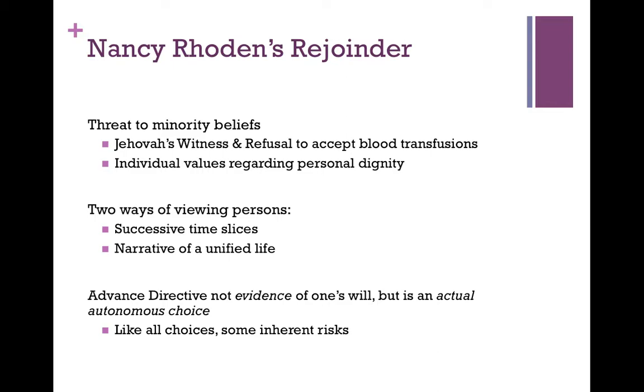So be very, very careful when you leave an advance directive to minimize the risk that you take on yourself. Try to be as careful and precise in your language. Otherwise, you open yourself up to a tremendous amount of risk.